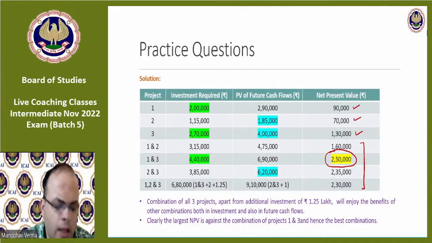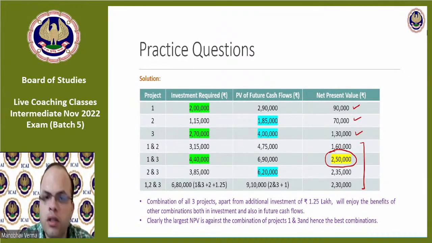I think you guys are comfortable with this one. Guys, can you please confirm this is okay to everyone? Okay. Then we move on.